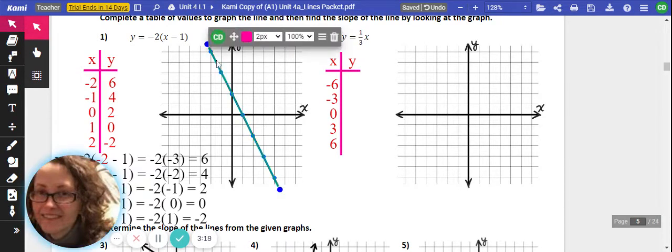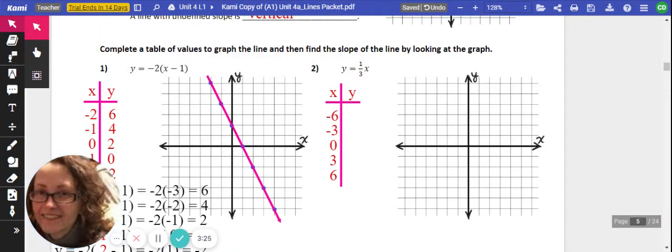And make sure when you create those lines that you have arrows on both sides of your line, to represent that the line would keep going forever up and to the left and forever down and to the right.